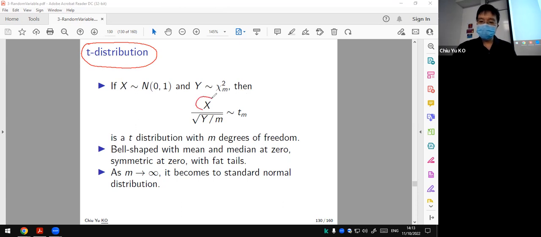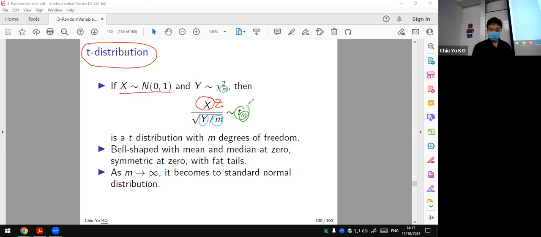The numerator is the standard normal Z, and the denominator, something rather weird, is a chi-square of M, the sum of M independent squared normals, divided by M, under a square root. This we define as T of M. So there would be M chi-squares there.